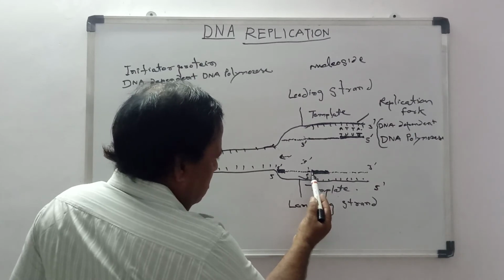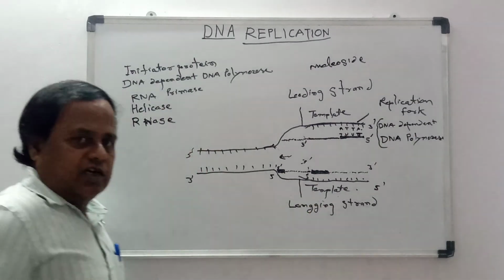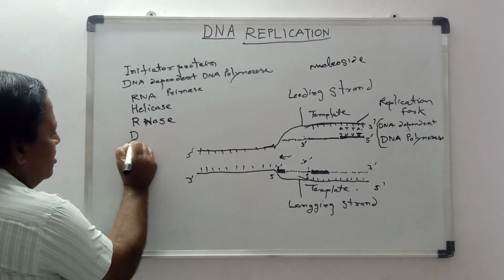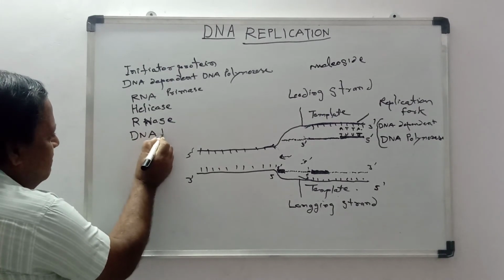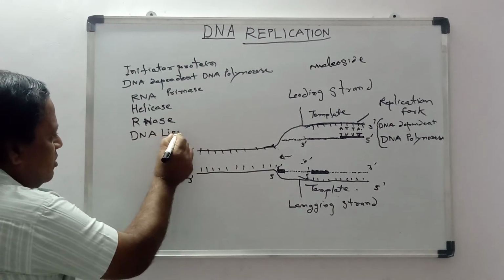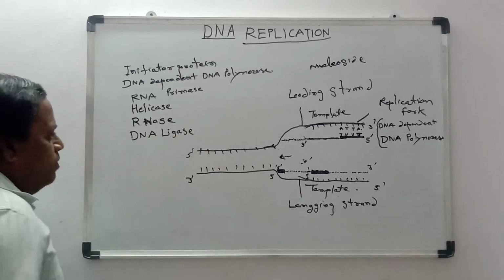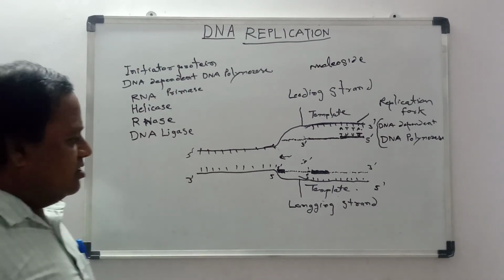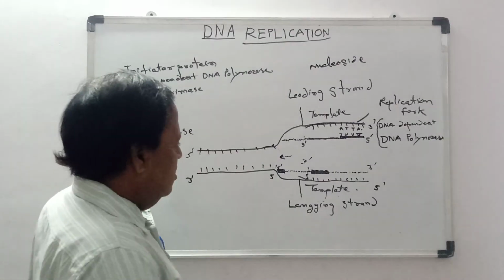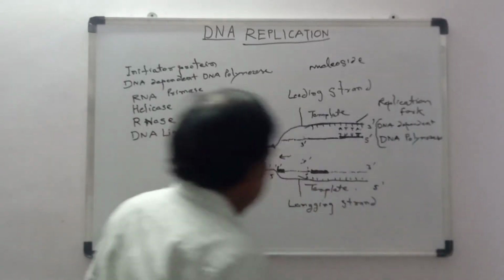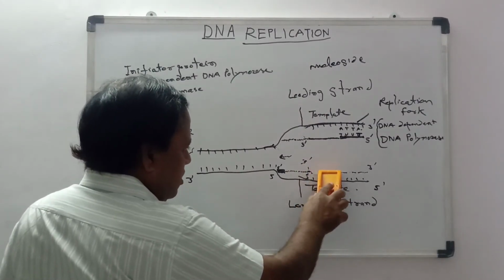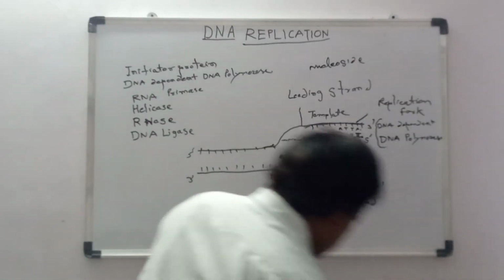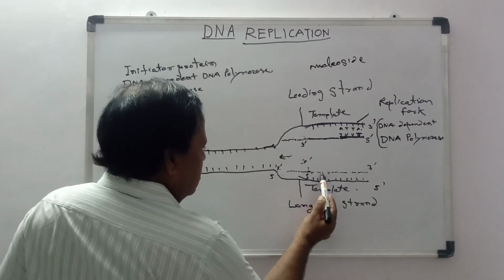Here is a gap. So these strands are required to be attached. That process is done by DNA ligase. DNA ligase acts as a glue. Now let us remove this RNA primer. And this DNA ligase attaches this strand.